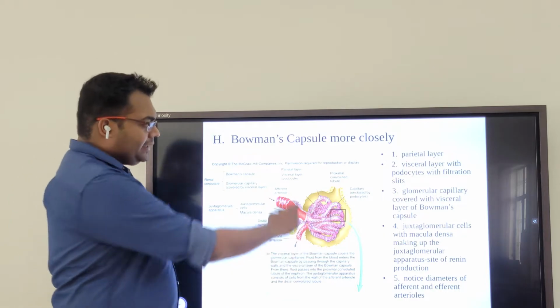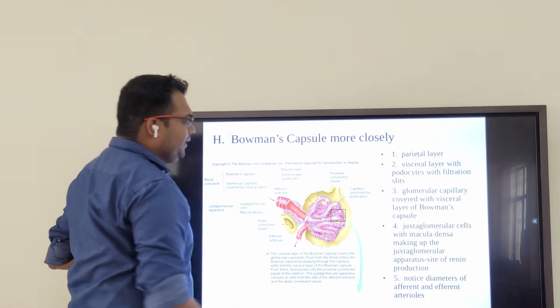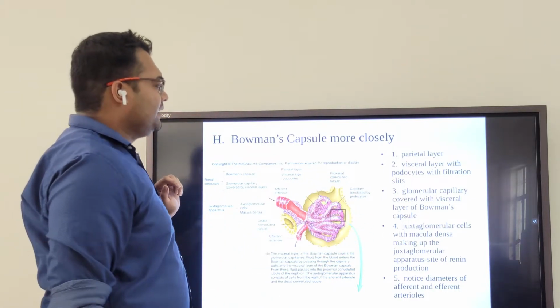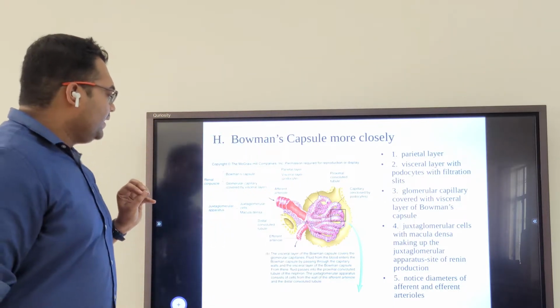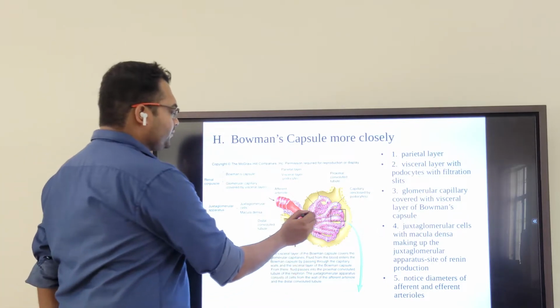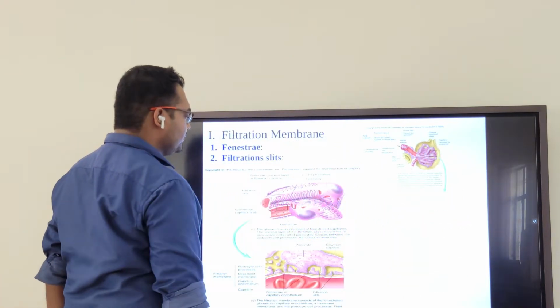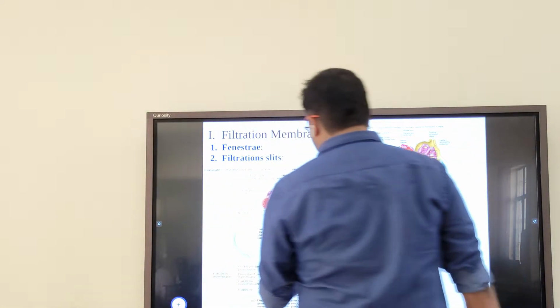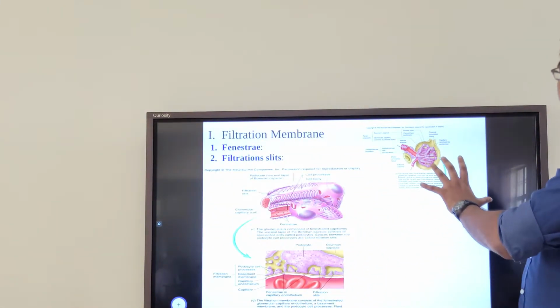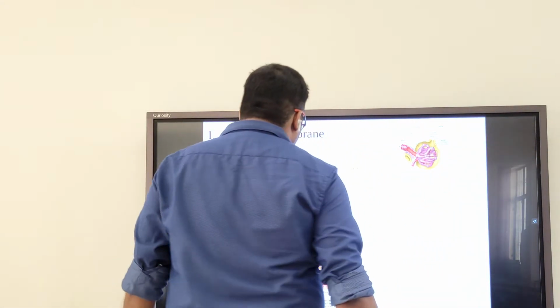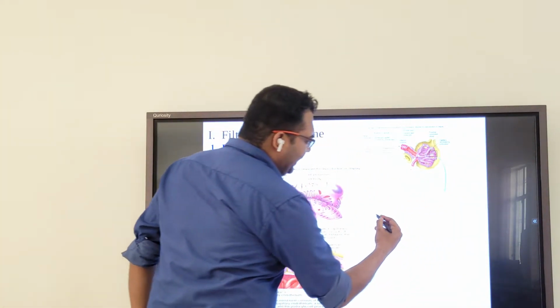Now, in this specific arrangement, how does the filtration really take place? That is the question here. So this is the filtration slit. I'll draw a mini filtration slit here and try to explain.